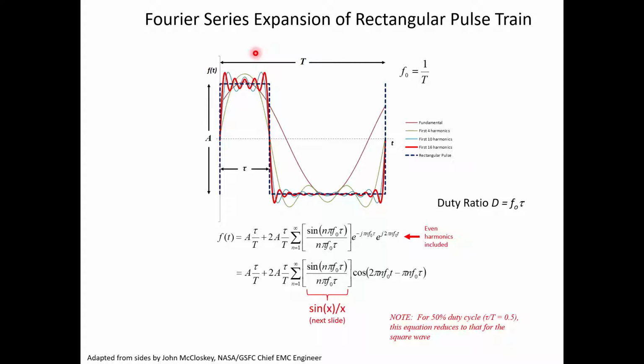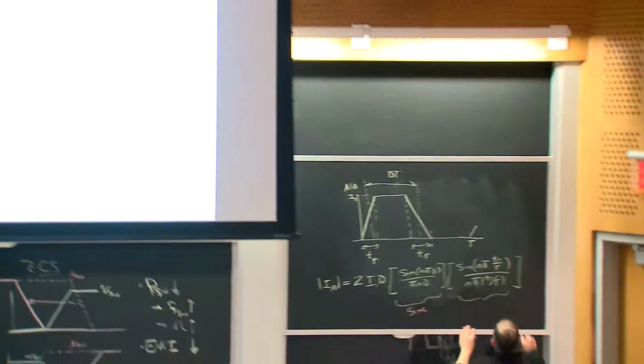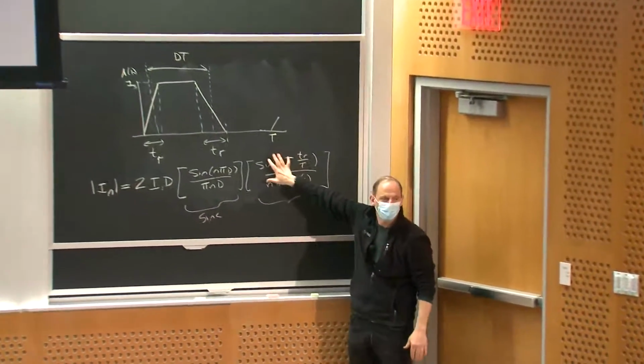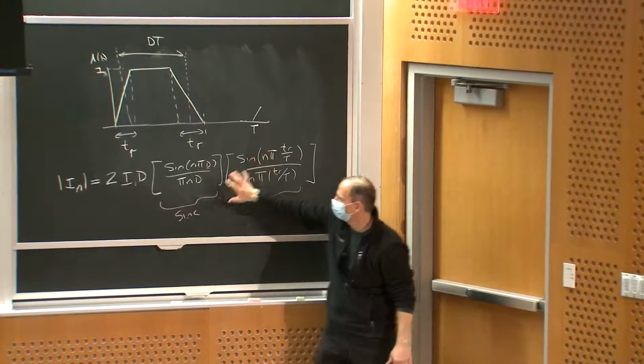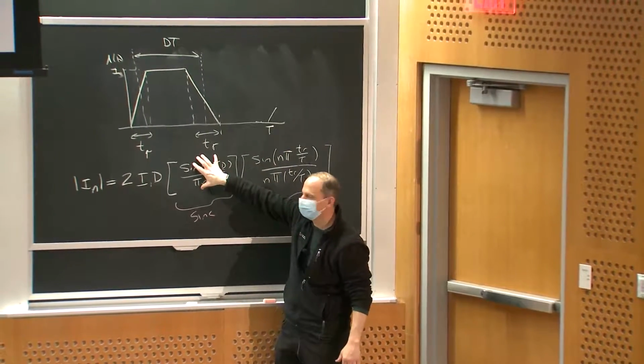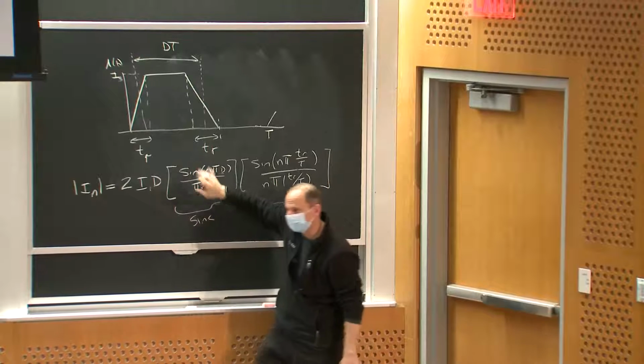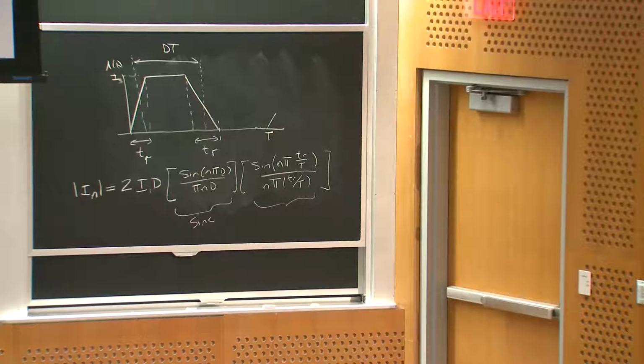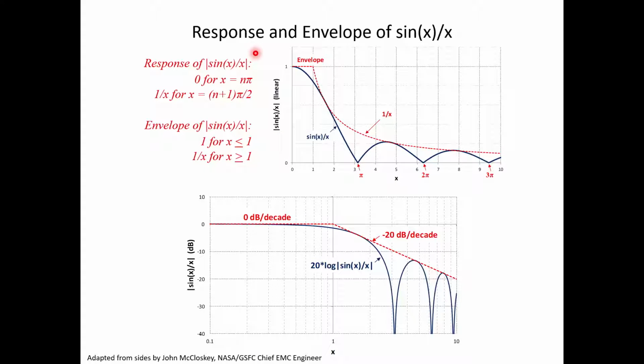And because I made TR over T go to 0, this whole factor just becomes 1. All right? So I get harmonics that fall off as a sinc function in frequency. Okay? So what does that look like? That looks exactly like this. Right? So here's exactly the envelope I'm talking about.